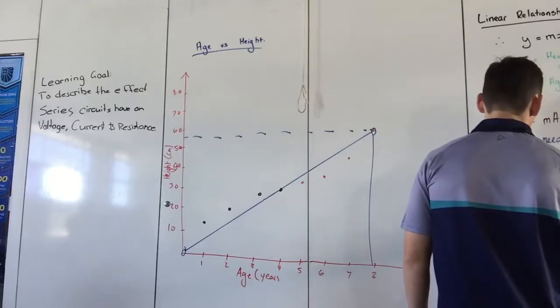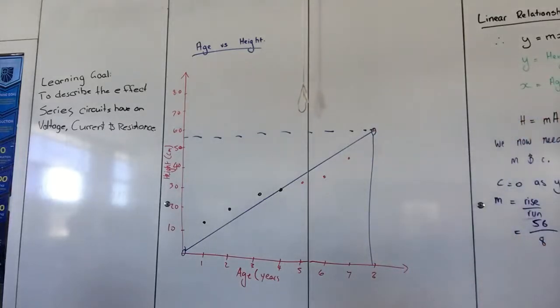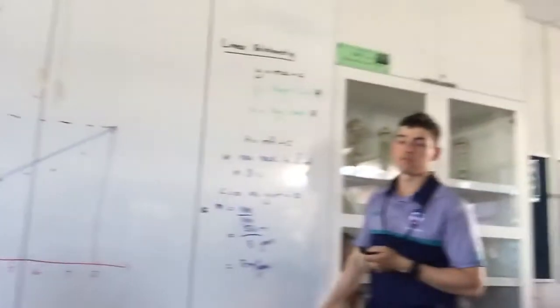I'm going to go, that's 56 on the dot, okay? So 56 centimetres in 8 years. So my gradient is 7 centimetres per year. So what's that tell me? Every year my creature's going to grow 7 centimetres, and I probably should have brought that over here.